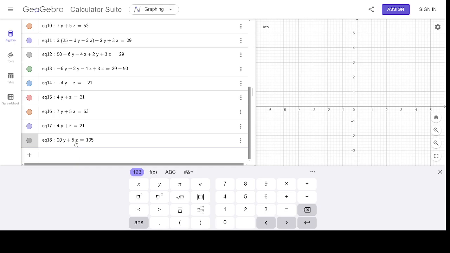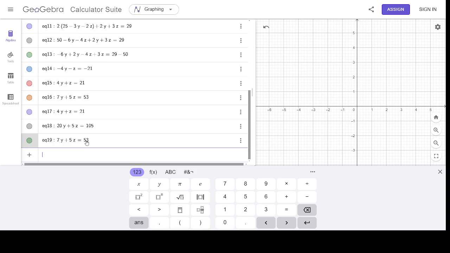Let's have them side by side. Let me bring equation 16 to become equation 19. Let me just write it. 7y plus 5z is equal to 53. Now you see 7y plus 5z is equal to 53.